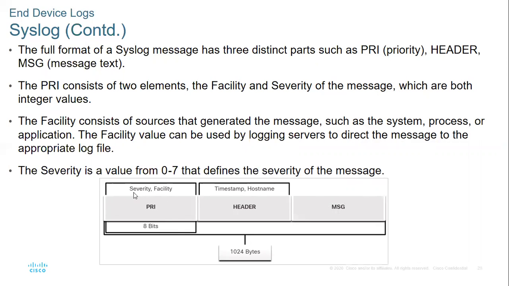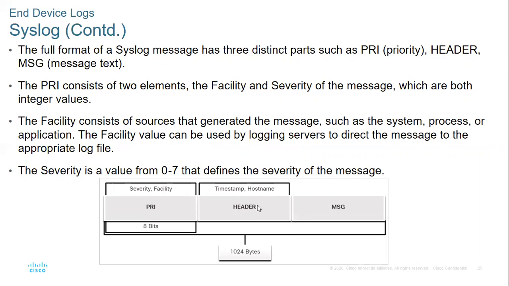In the priority, we have the severity, which deals with how severe the message we have received is, and for this we have the values starting from 0 up to 7. Then the facility deals with where this message came from. It came from the CPU or the RAM, and so on.